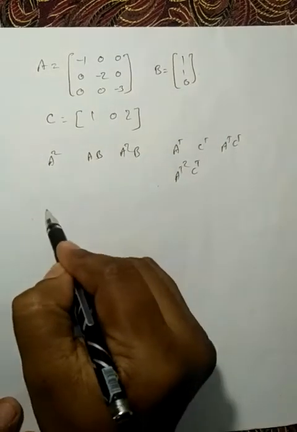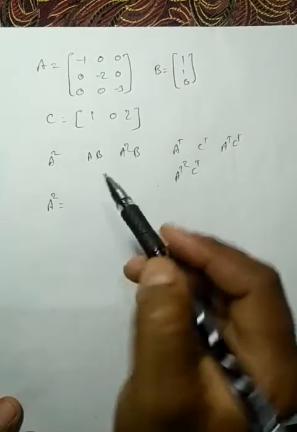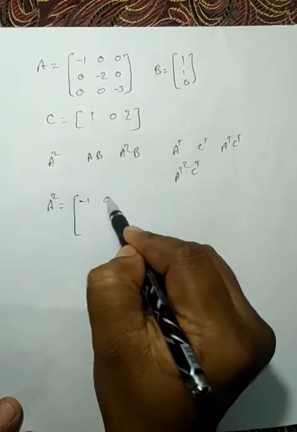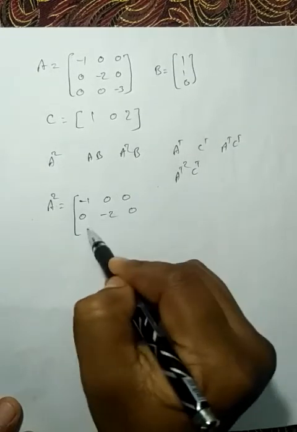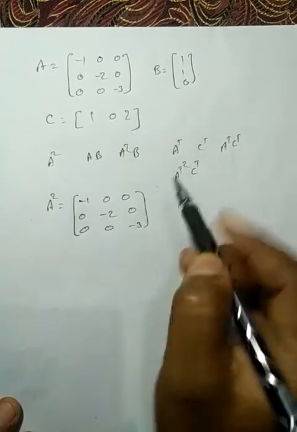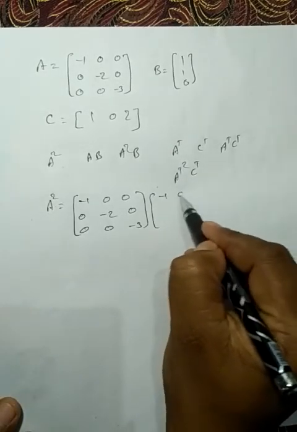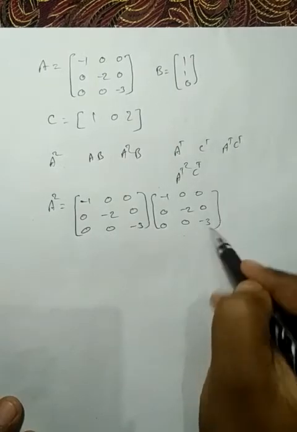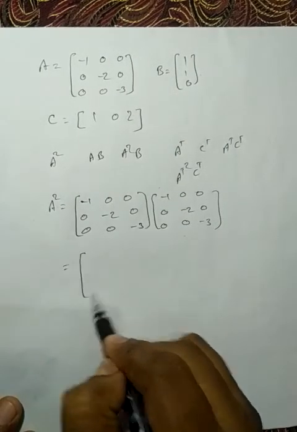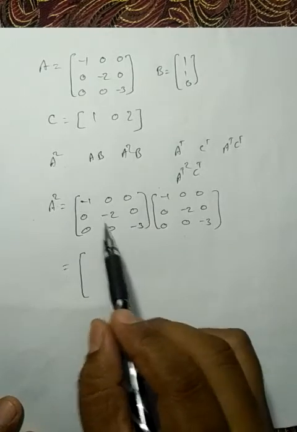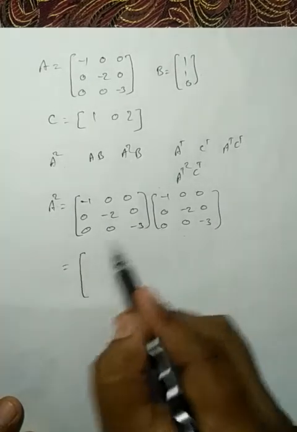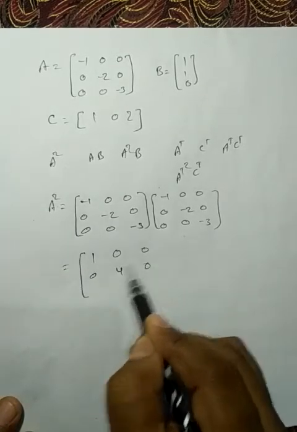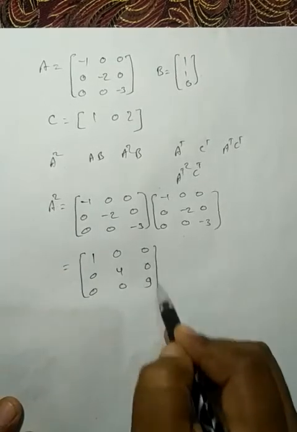So A square will be -1 0 0 0 -2 0 0 0 -3 multiplied by -1 0 0 0 -2 0 0 0 -3, and after multiplying we'll get 1 0 0 0 4 0 0 0 9.